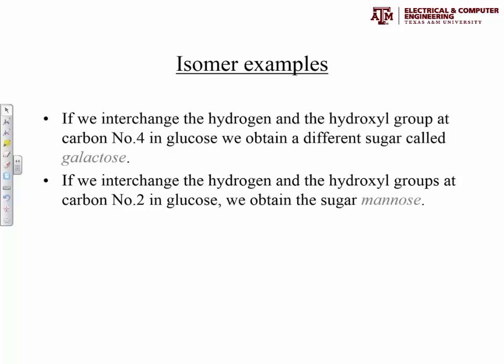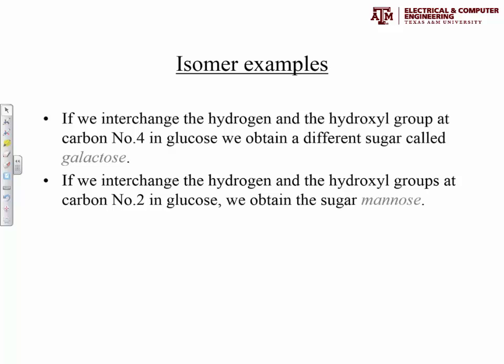So a few examples of isomers, and that gets to your question. For example, if we interchange the hydrogen and the hydroxyl group at carbon number 4 in glucose, and you don't have to memorize all this, you're not a student of biology, but this is just for your information, we obtain a different sugar which is called galactose. And this is the sugar that actually goes into the production of milk. Milk has lactose, that is galactose combined with glucose.